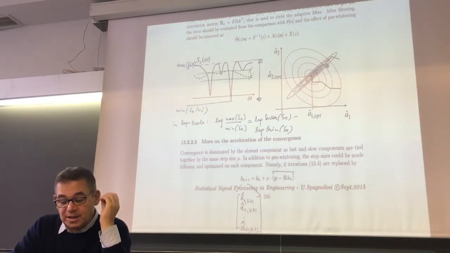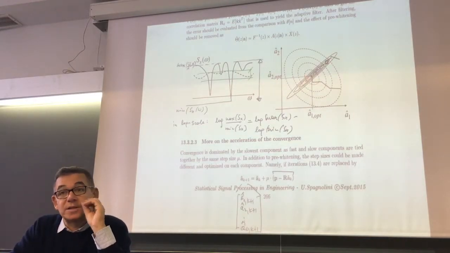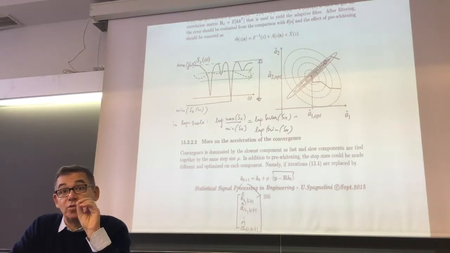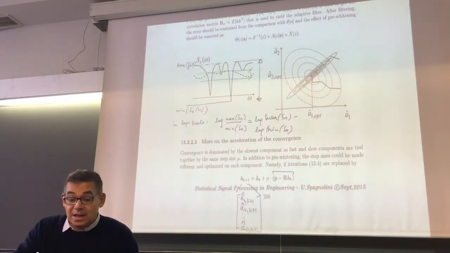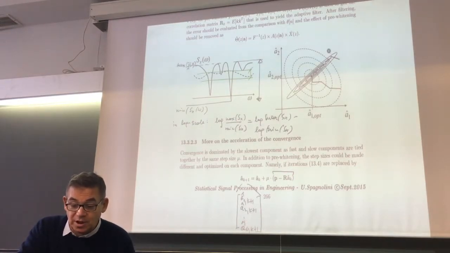The limitation is that since I choose the same step size for every direction, the step size going in this direction is the same as the step size going in that direction. But what if the step size in this direction is slower?